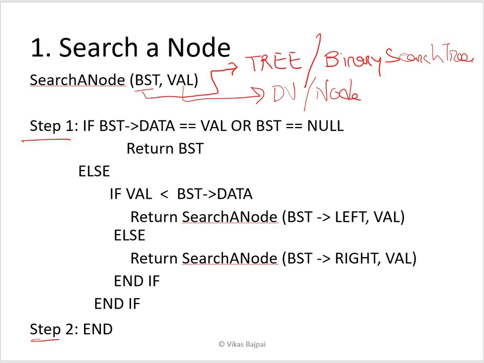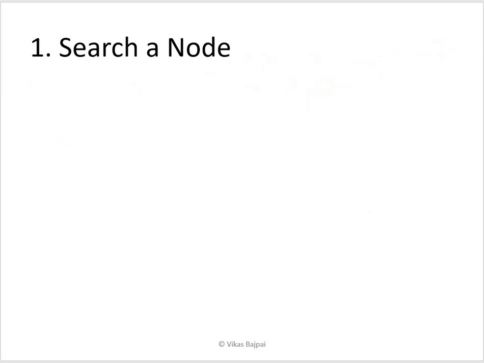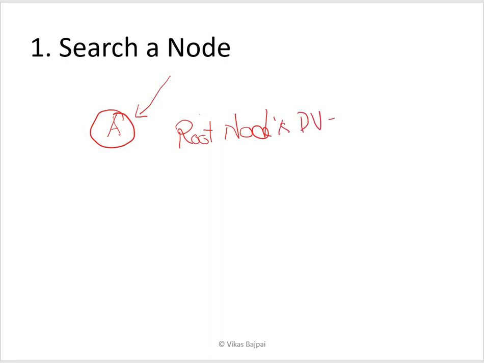The chances are that I may come across a situation where, let's say, I have this particular BST. Now this particular setup is also a kind of BST, and in that case, if my data value which I need to search is A only, then my root node's data value is equal to the value I was looking for, right?